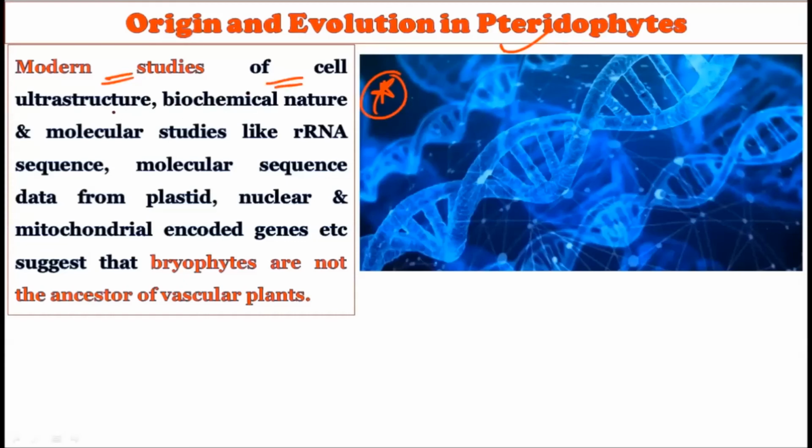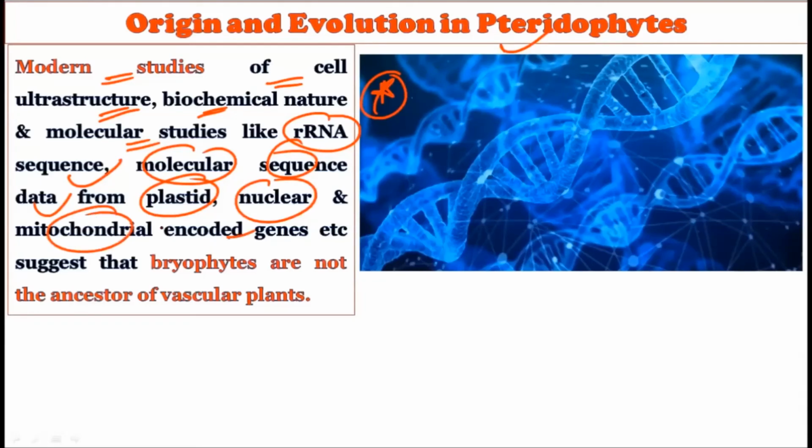See the modern studies of cell ultrastructure, then the biochemical nature and the molecular studies like the rRNA sequence, then the molecular sequence data from plastid, nuclear and mitochondrial encoded genes. This is very important because the plastid like chloroplast contains DNA, the nucleus contains DNA, mitochondria contain DNA, and when we take out this DNA and sequence it for which type of genes it is encoding, it suggests that the bryophytes are not the ancestors of the vascular plants.